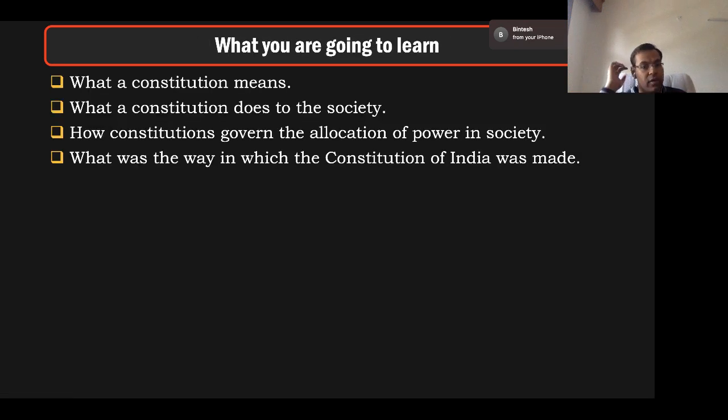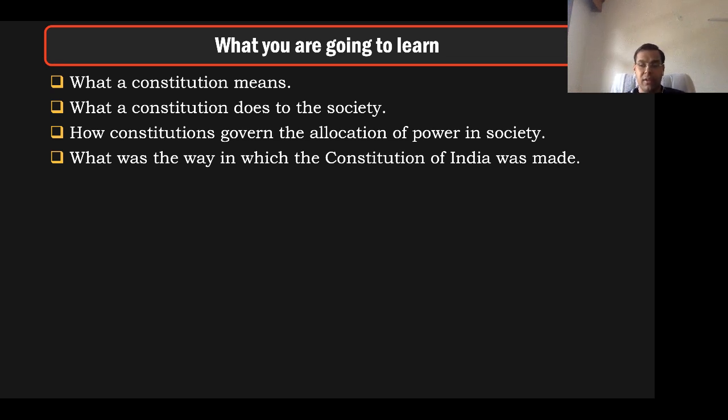Now, when we look at the way in which the Constitution of India was made, we have to understand its acceptance and how its applicability would be important. How was the Constitution of India made? What did the Constituent Assembly look at?